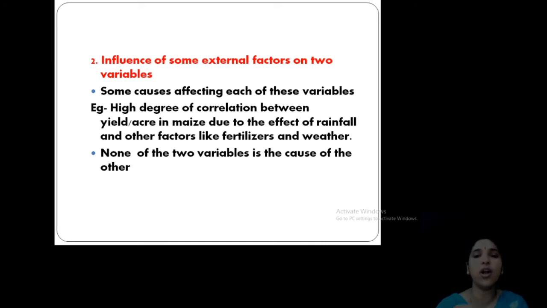Here rainfall, fertilizer, and weather are all external conditions, and neither of the two variables is the cause of the other. So this way also a relationship exists, through external factors on two variables.